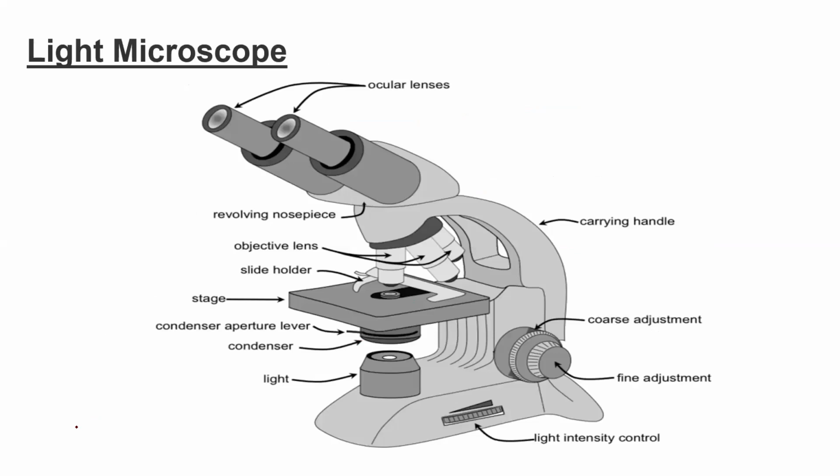This is a diagram of a light microscope. The basic components include a light source, a way to focus that light onto the sample, a way to collect the light that travels through the sample, and a way to detect that light.